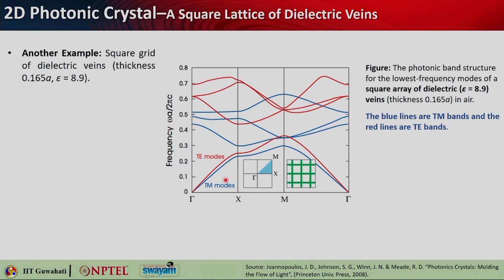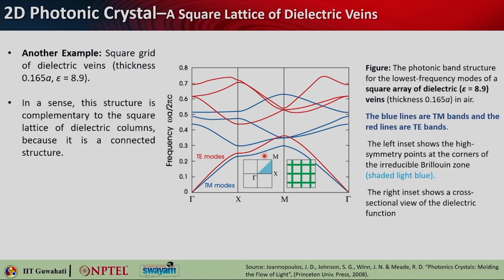The blue lines correspond to TM modes, the red lines correspond to TE modes. First of all, this is again the irreducible Brillouin zone. This is again a square lattice, so you will find a square Brillouin zone, from which you can find a triangular irreducible Brillouin zone, marked in light blue.